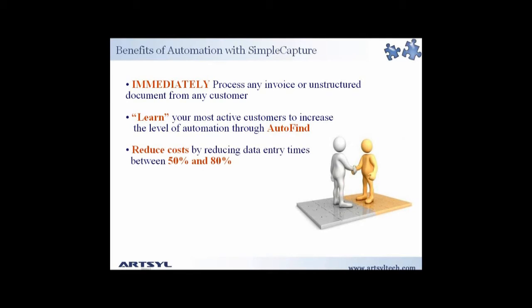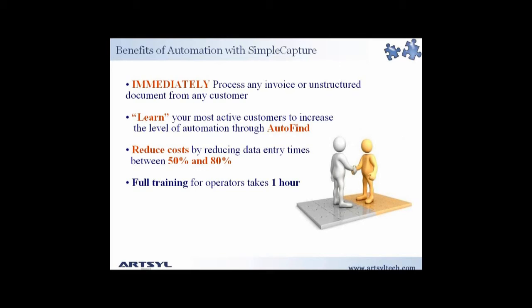It reduces overall data entry costs by 50 to 80% or even more. Again, as we showed you with things like database lookups and AutoFind, in some cases you can be reducing data entry by 90%. So that equates to an incredible cost savings. As I mentioned, full training for an operator to get them started using this product typically takes less than an hour.